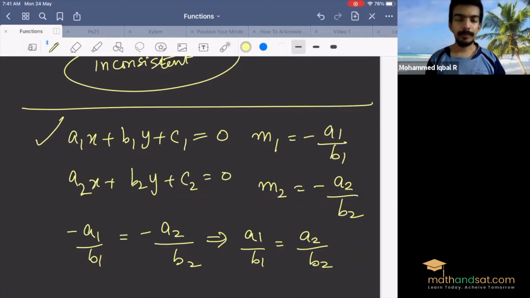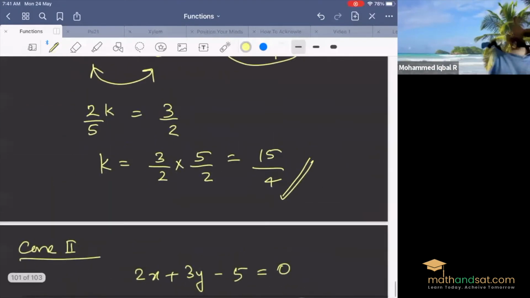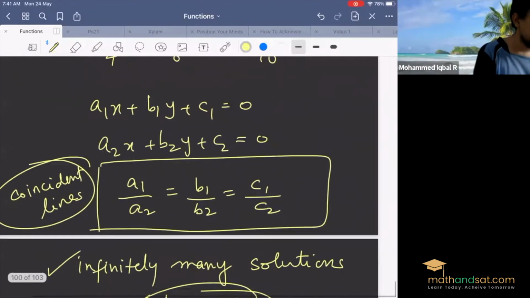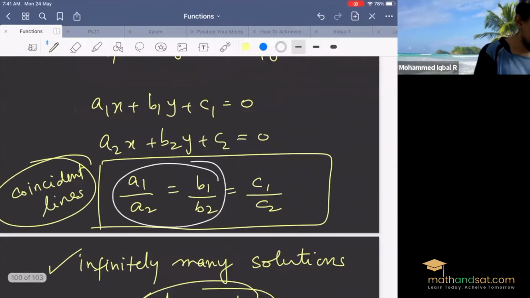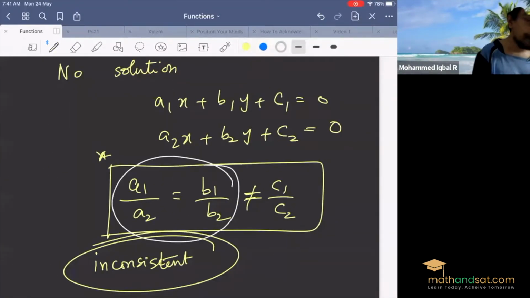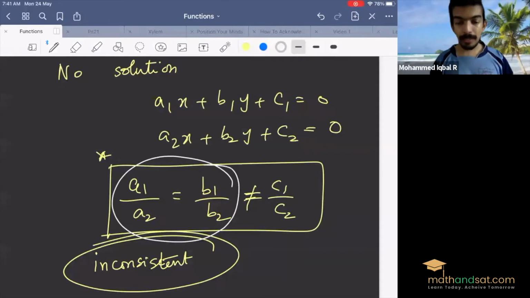Is there any difficulty? Let me know. In both these cases, the first case was coincident lines. This condition was true. Here also this condition was true. The actual meaning was they have the same slope.